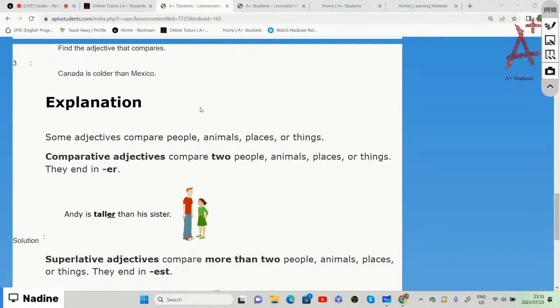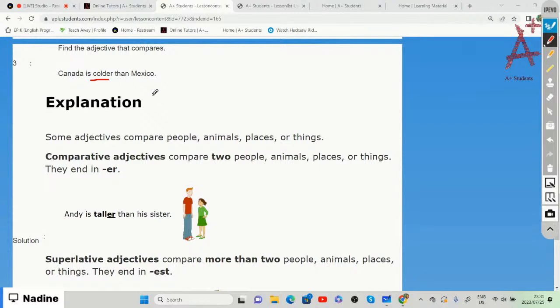All right, so if we choose the adjective that compares, we can say it is colder. Canada is colder than Mexico, which means that we are comparing how cold it is in Canada to how cold it is in Mexico, right? So it is basically only Canada being compared to Mexico. It is comparing two things, or let's say two places.